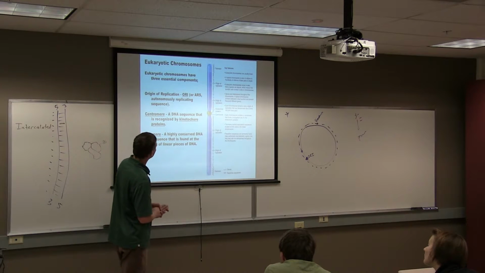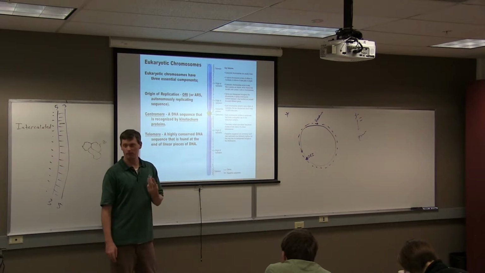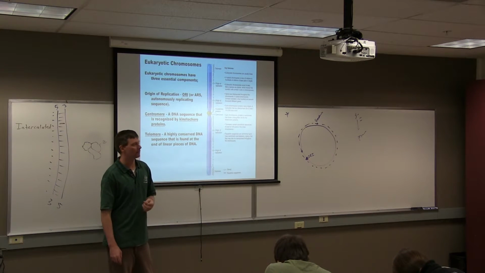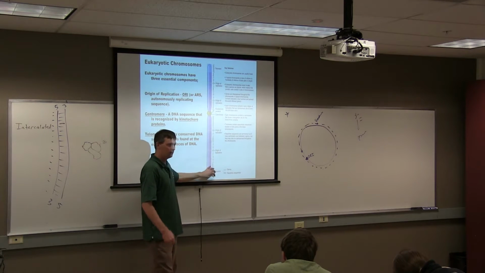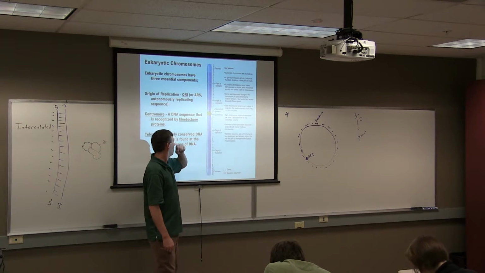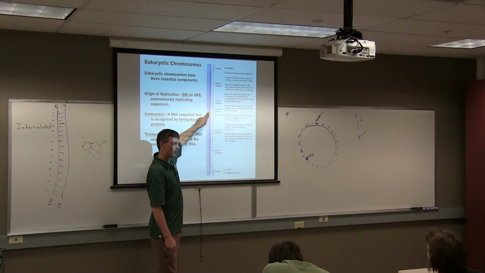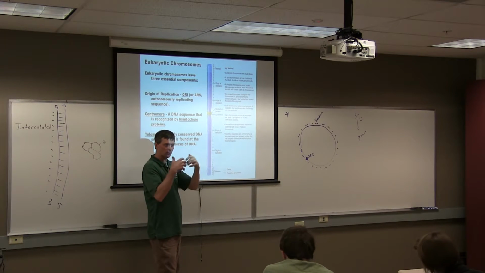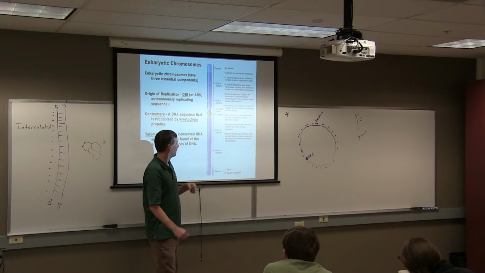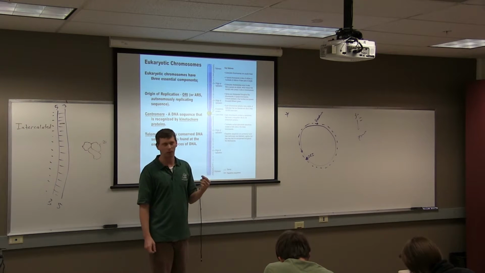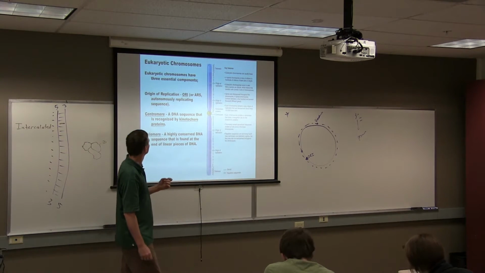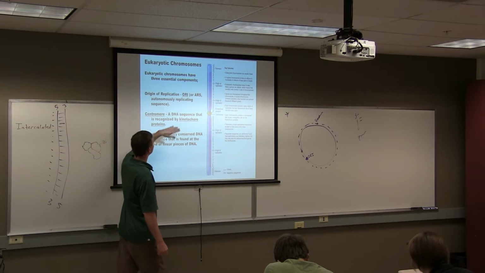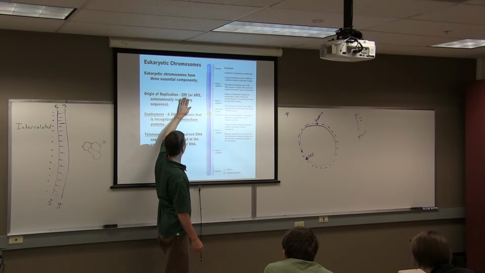Right? So those are really the only 3 features that a eukaryotic chromosome must have. It must have a telomere. We've talked about what that structure is. It must have a kinetochore that's used during mitosis and meiosis to pull the chromosomes apart, right? And there has to be at least one origin of replication. In humans, we call it ORI.